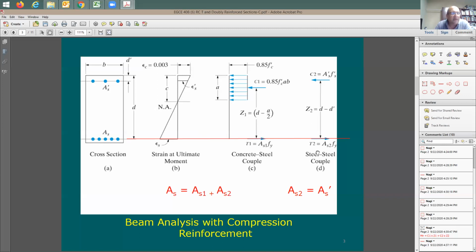So the simplest way is to assume that AS2 is going to be equal to AS prime. Therefore, AS1 is going to be equal to the difference between AS and AS prime, because I know from the beginning that AS is equal to AS1 plus AS2. Now, once you set AS2 equal to AS prime, it means AS1 is equal to the difference between AS and AS2, or AS prime. Let's see how this is going to help us in our analysis.